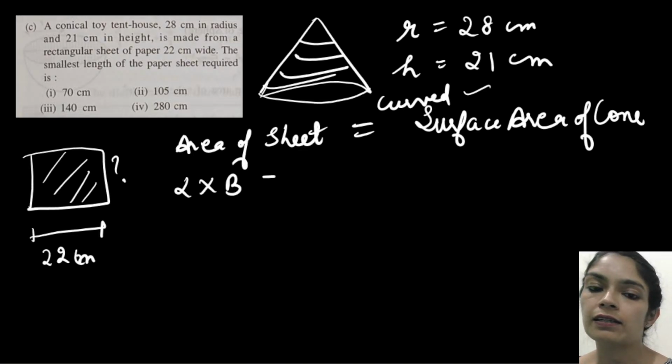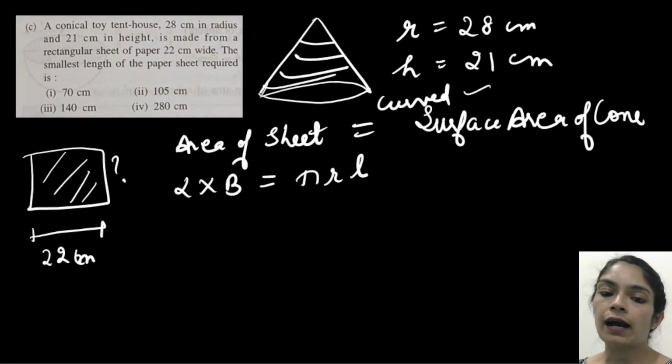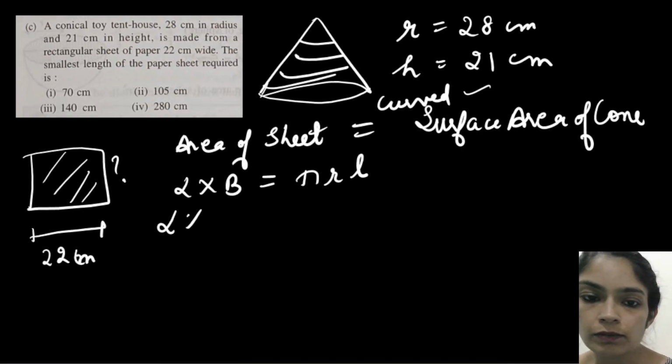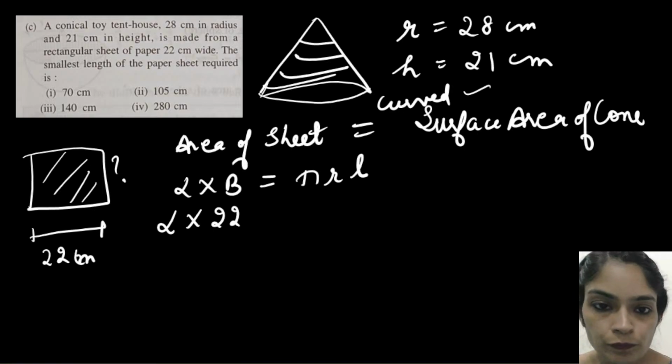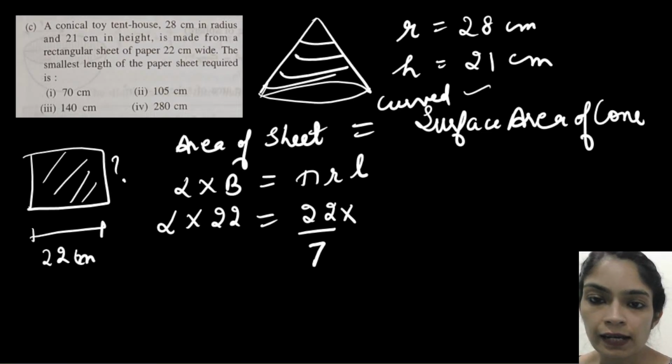And curved surface area, we know this is pi r l. So length into breadth. Breadth means width is given to us, length we have to find, so this is 22. Pi's value I can substitute as 22 by 7. R's value is given to us as 28.